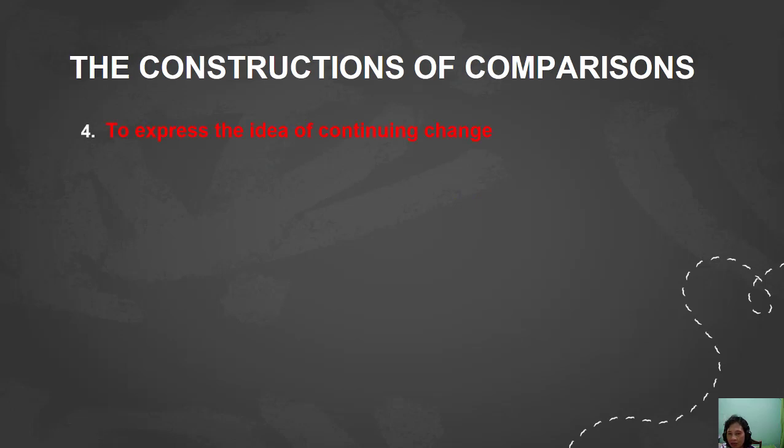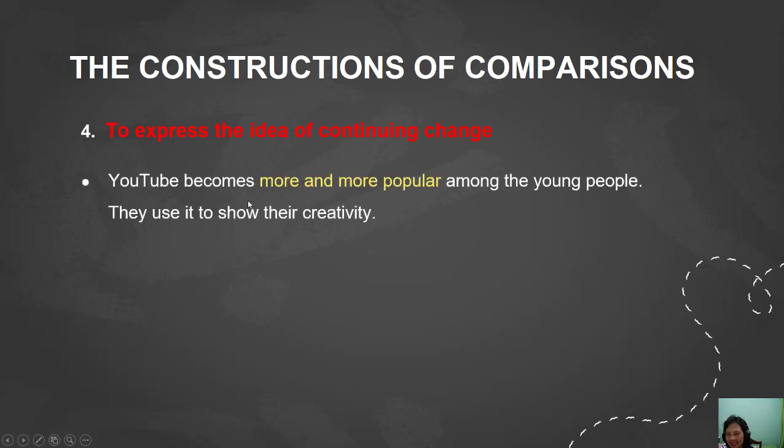Okay, the next construction is when we want to express the idea of continuing change. You have this kind of construction, so more and more popular. YouTube becomes more and more popular among the young people. They use it to show their creativity. So more and more popular. Comparative and comparative.